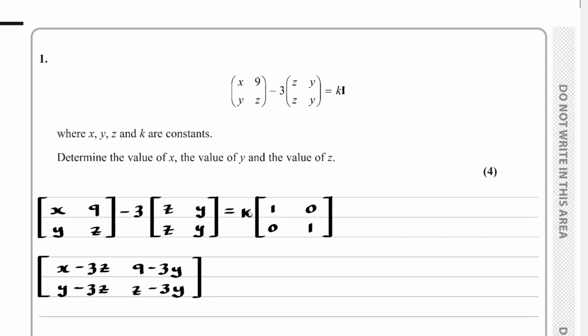And on the right hand side, if we multiply the constant K by the identity matrix, we end up with (K, 0, 0, K).